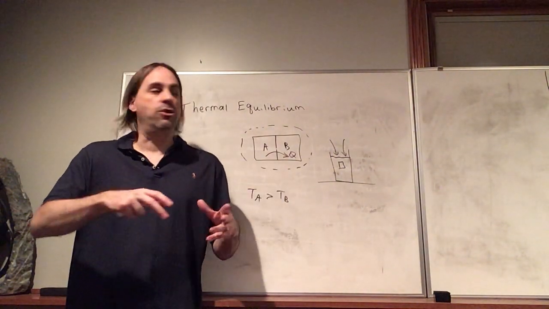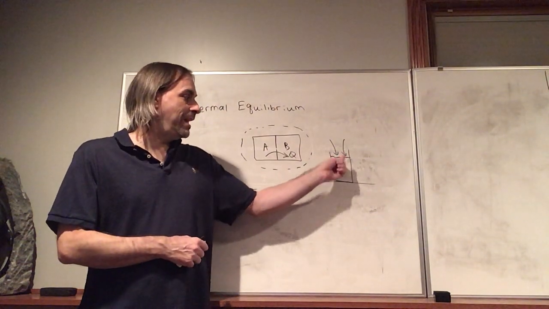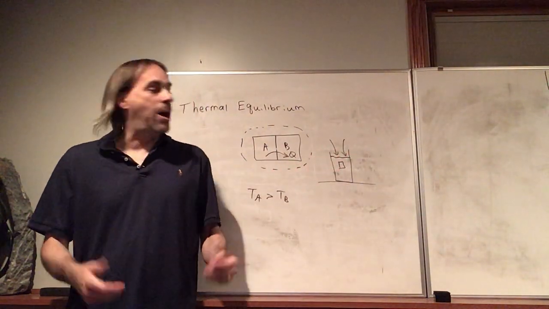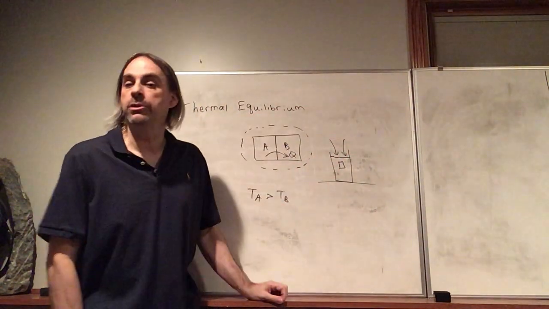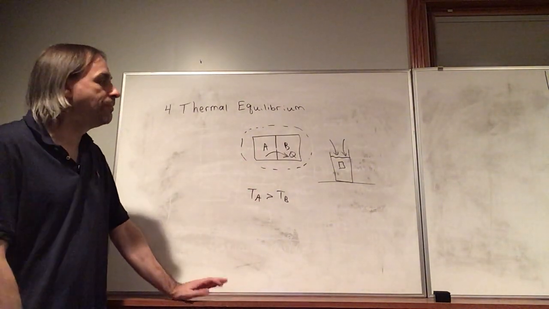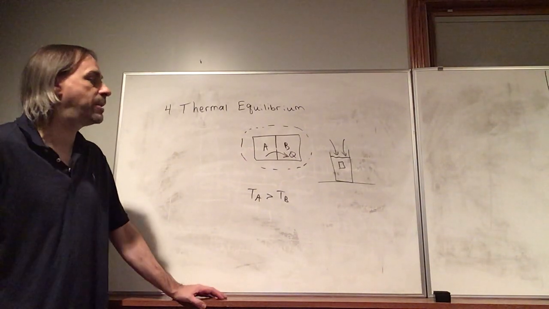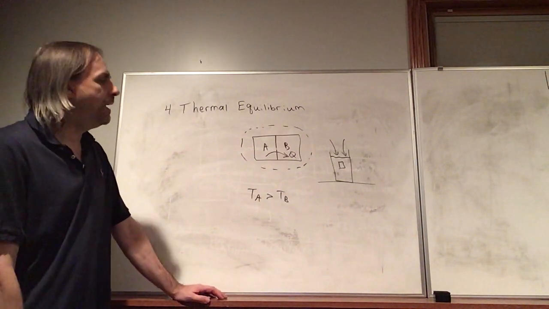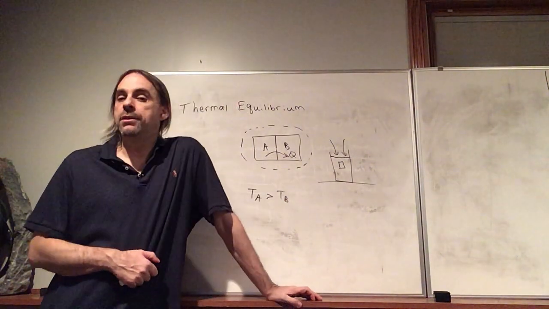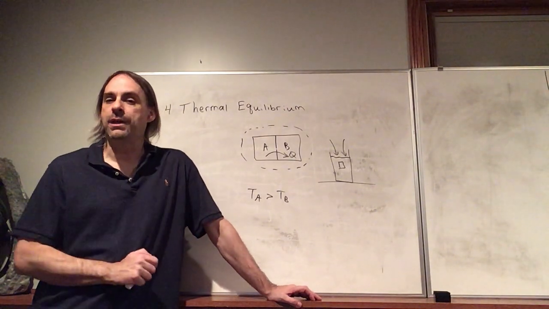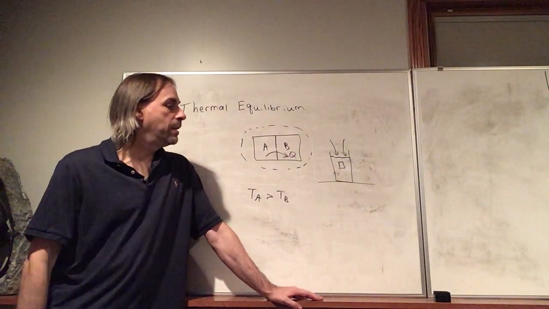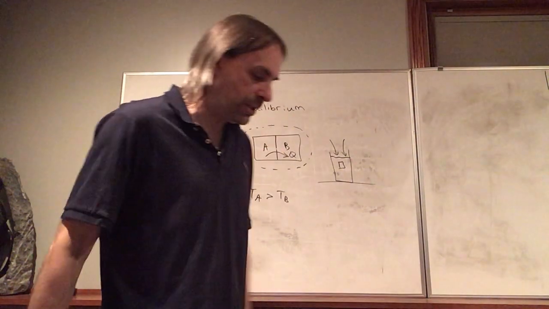If we just had this ice and water mixture and didn't consider the room, that would be a problem because we do have energy entering from outside. So we'd have to consider the room itself as part of our system if we want to find this equilibrium temperature. We just have to be clear that our system is big enough that there's no energy exchange with anything outside of that.